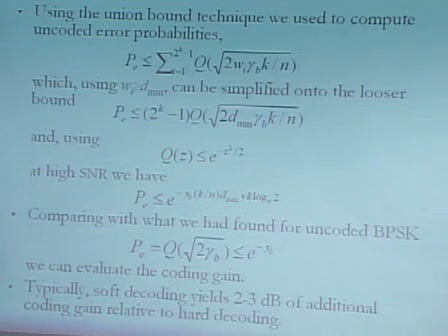You equate these two with the same probability of error, and see how much reduction in gamma B you can get going from one to the other. I'm not going to do it, but it's an easy way to compute the coding gain at high SNR. Typically in Gaussian noise, soft decoding yields about 2 or 3 dB better than hard decoding. This is for Gaussian noise using this particular soft decoding strategy.